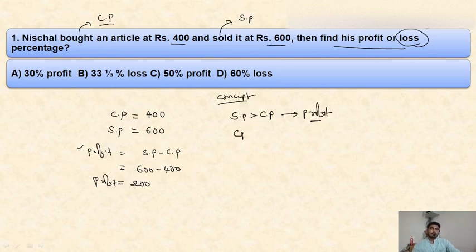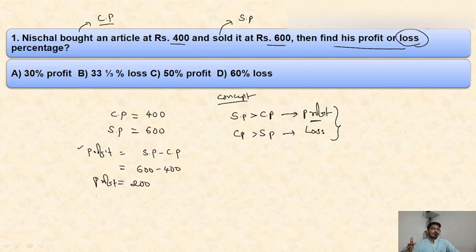Or if the cost price is greater than the selling price, then you definitely get a loss. This basic point I already covered in the introduction part. If anyone has missed that part, let us watch that video first and then come to this video. Why? Because in order to understand the concept clearly and solve the problems in an easy manner, you need to know the basic concept of profit and loss.